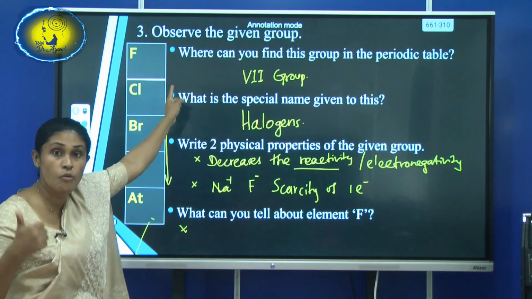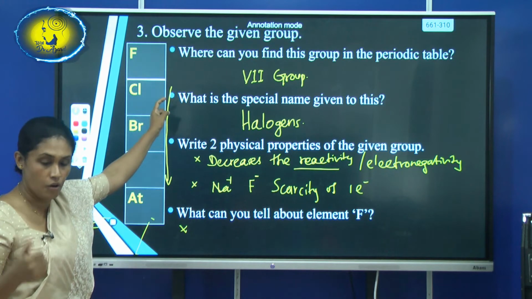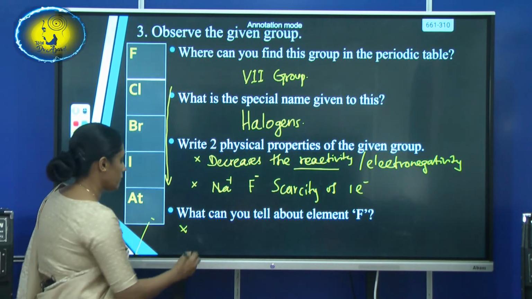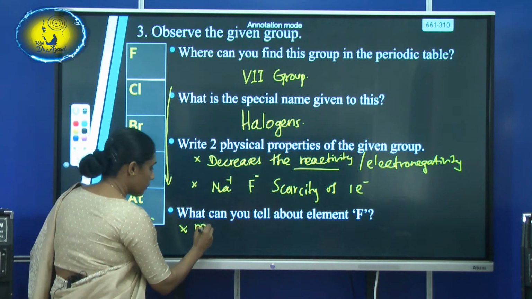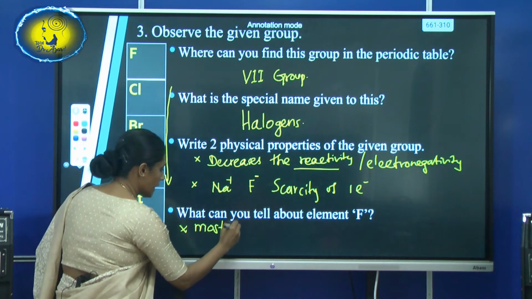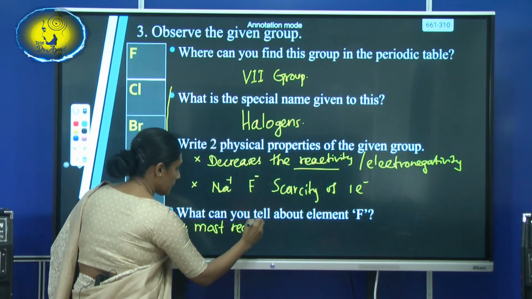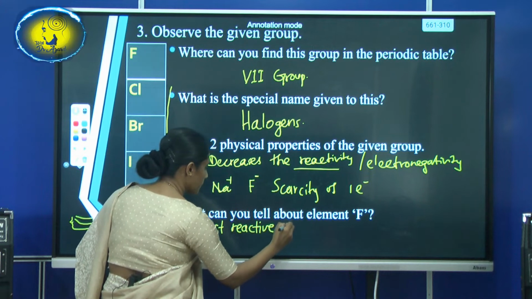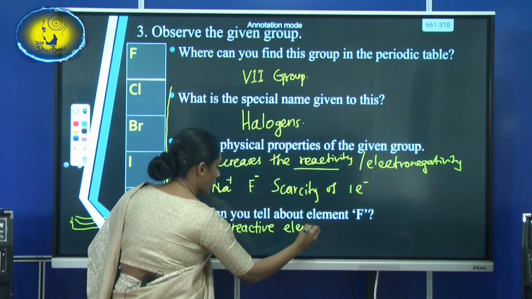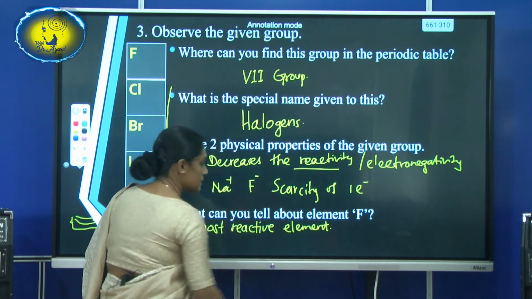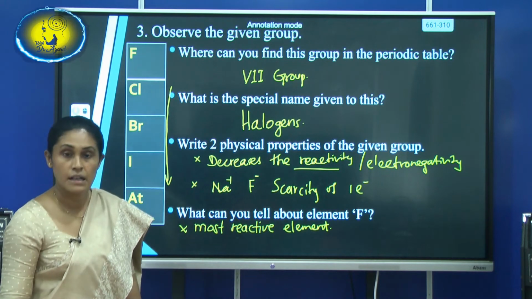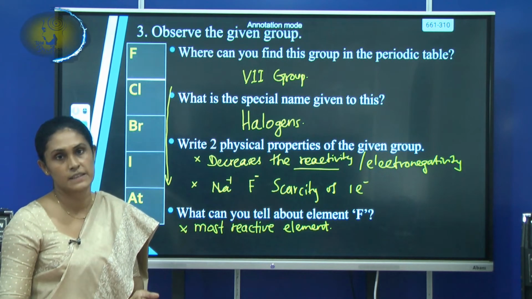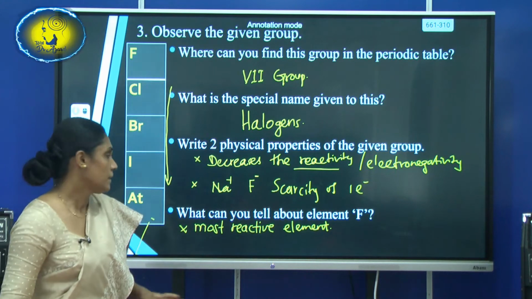Because it's more reactive, or you can say it is the most reactive element in the periodic table, or else you can say it has the highest electronegativity either, right?